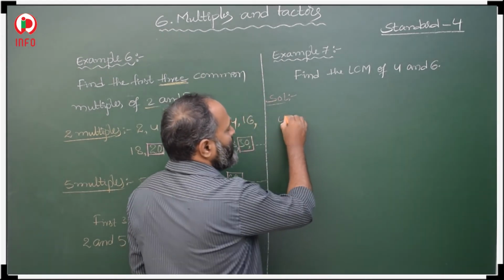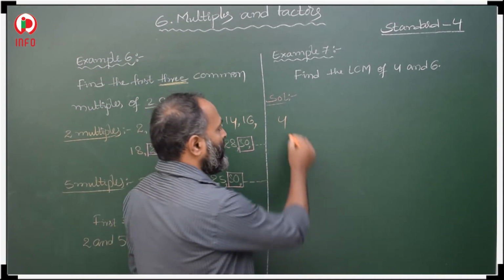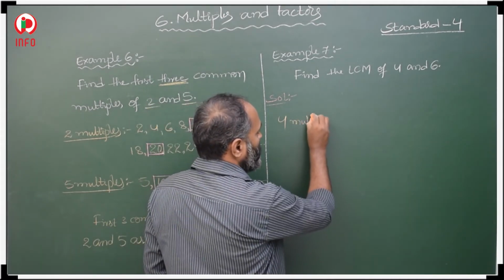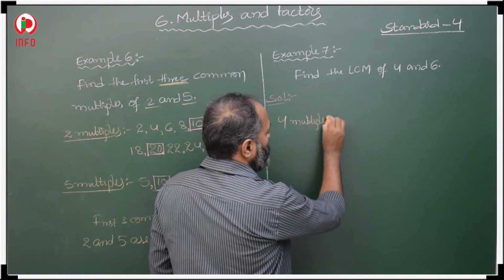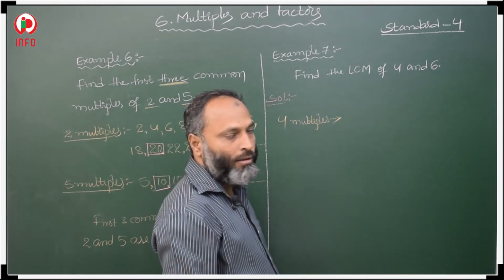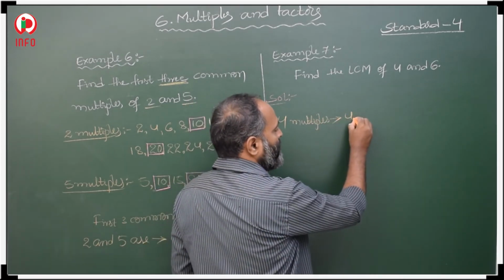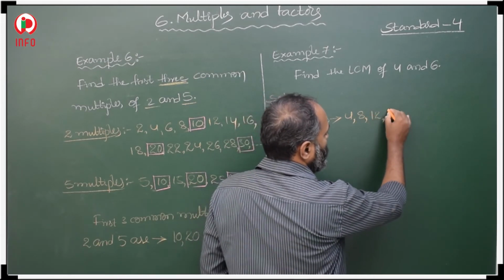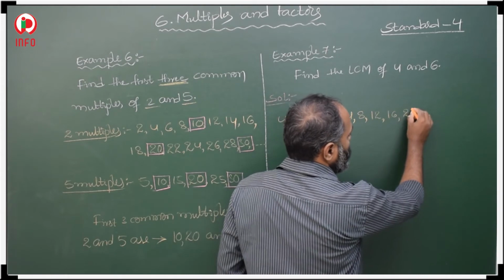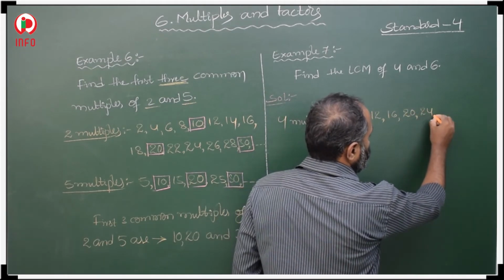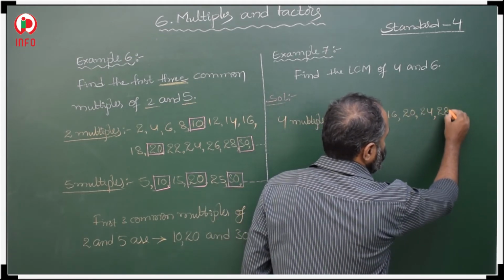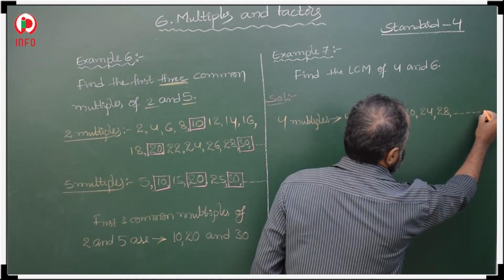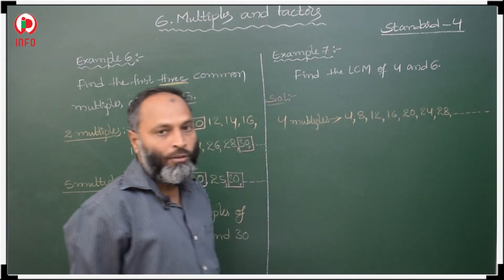Now the multiples of 4. 4 ones are 4, 4 twos are 8, 4 threes are 12, 4 fours are 16, 4 fives are 20, 4 sixes are 24, 4 sevens are 28, and so on.